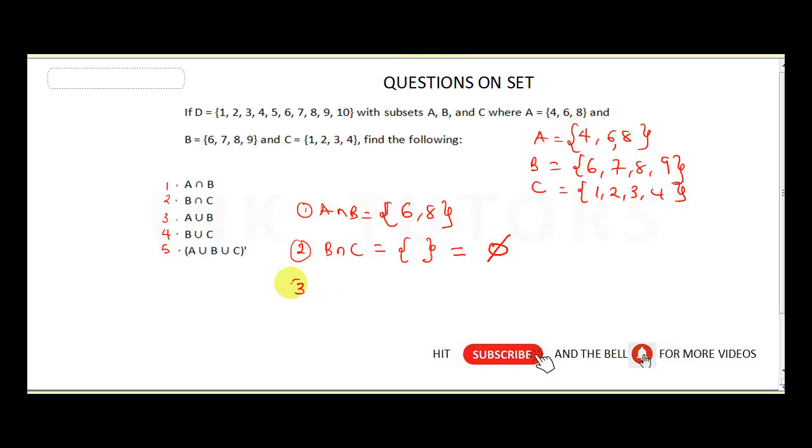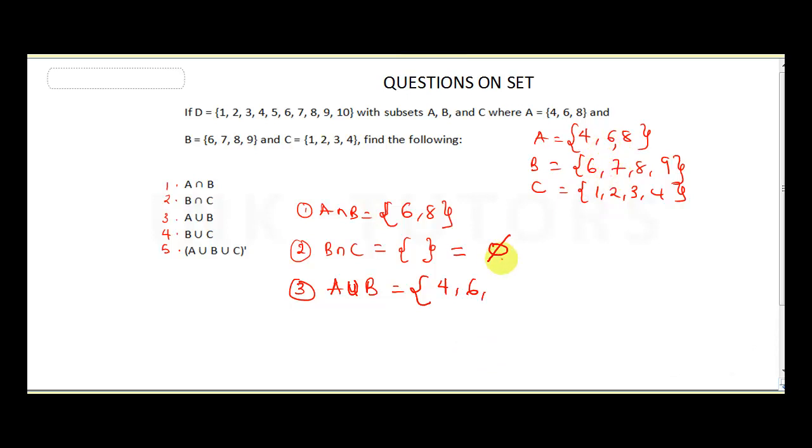Okay, so question 3 says A union B. To get our A union B, remember what I told you? You're going to combine A and B without repeating the elements. So let's look at our A. The lowest number we have is 4, then 6. 6 comes once since 6 is common to both sets. 7 is next, then 8, and 9.